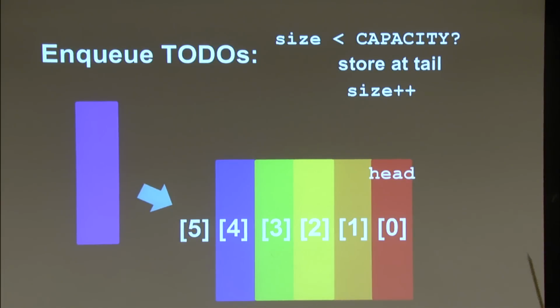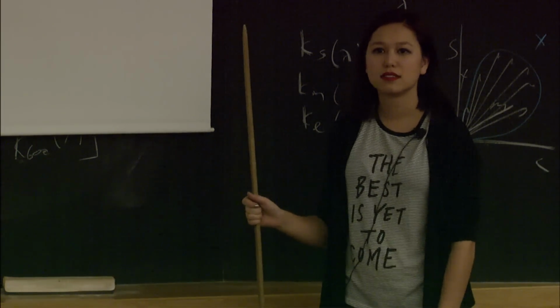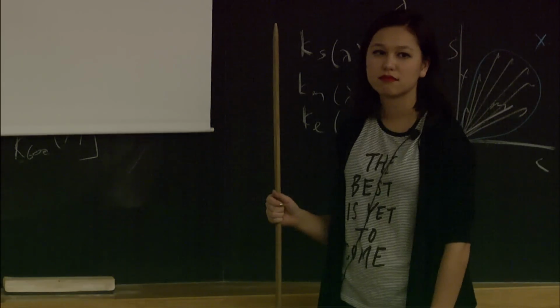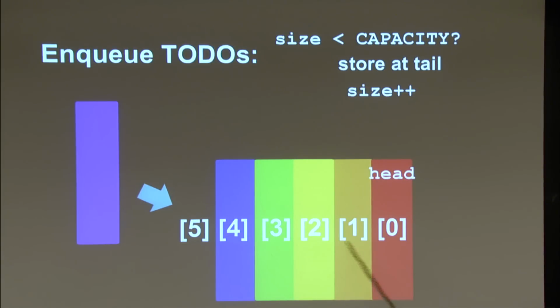So what might the tail be in this case? It's not explicitly written out, but how would we store it? What would the tail be? So let's walk through this example. This is an array of size 6, and right now our size is 5. When we put it in, it's going to go into the 5th index.